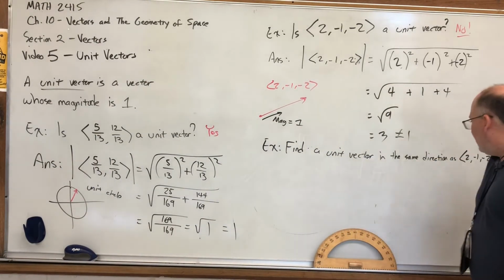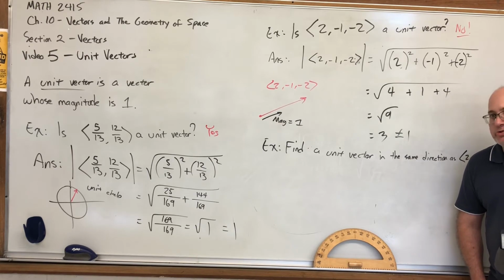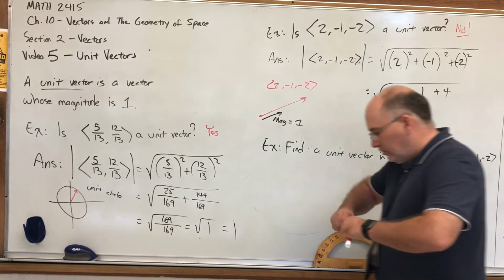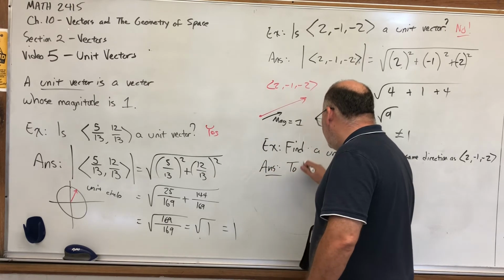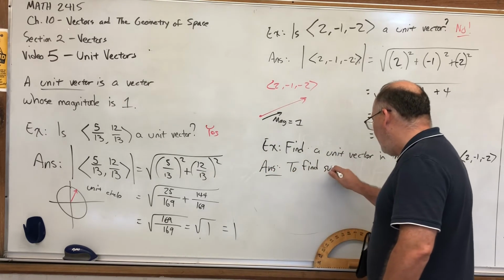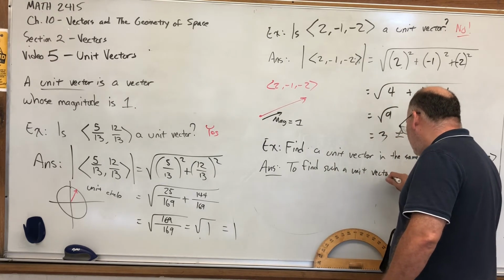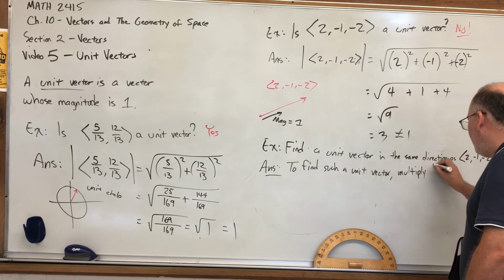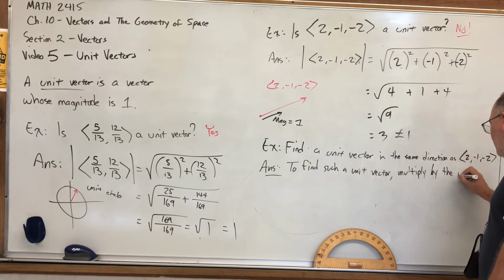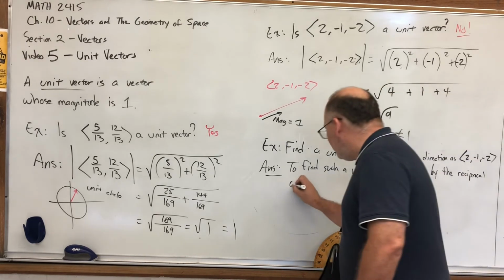I'll give you a hint. Right now, its magnitude is 3. I want its magnitude to be 1. So the scalar we're going to use is 1/3. In general, to find such a unit vector, you multiply by the reciprocal of its magnitude.